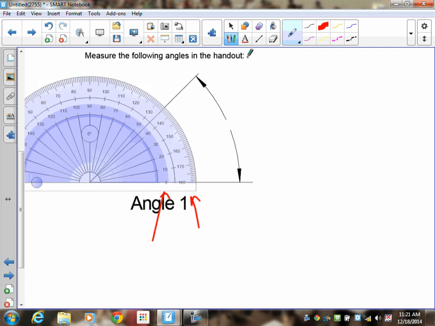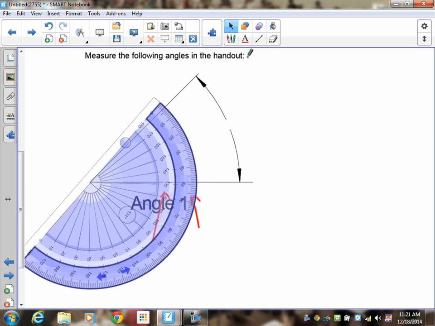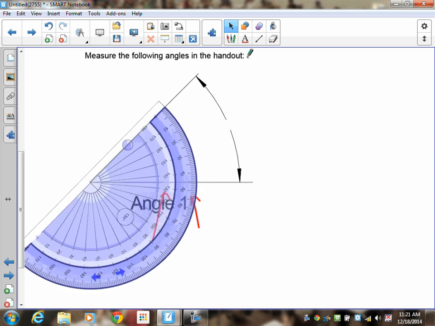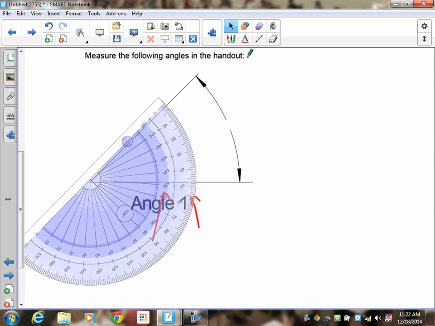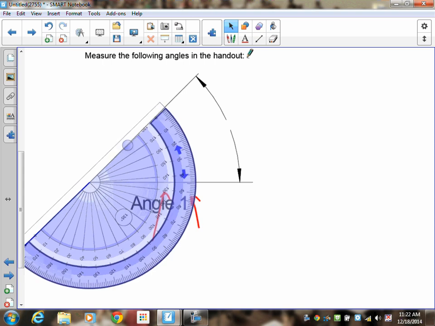Now if you don't like using the inside scale first, what you can do is grab your protractor and just spin it until your 0 on the outside falls on the line, which is up top. You'll notice that my crosshairs has moved a little bit, so I've got to make sure that I make this as perfect as possible.